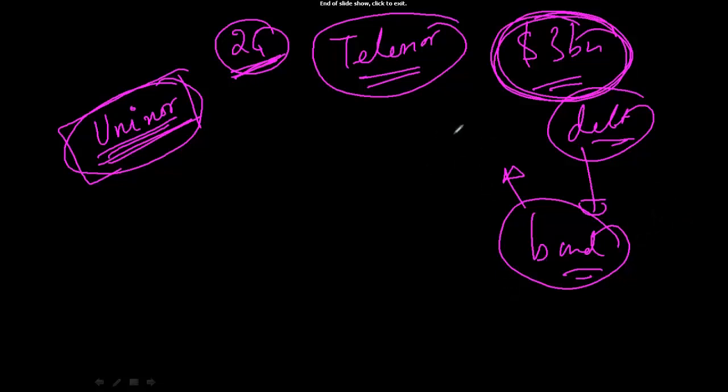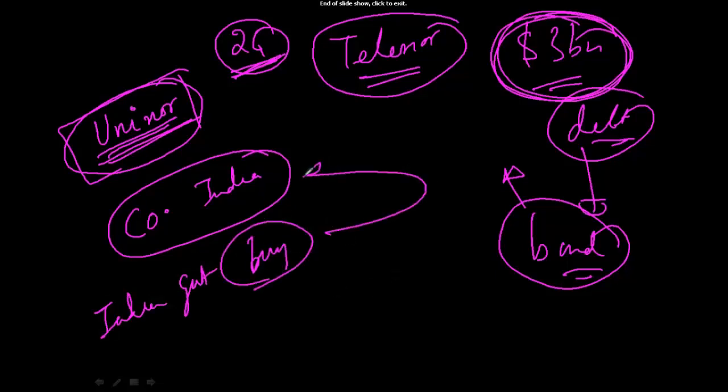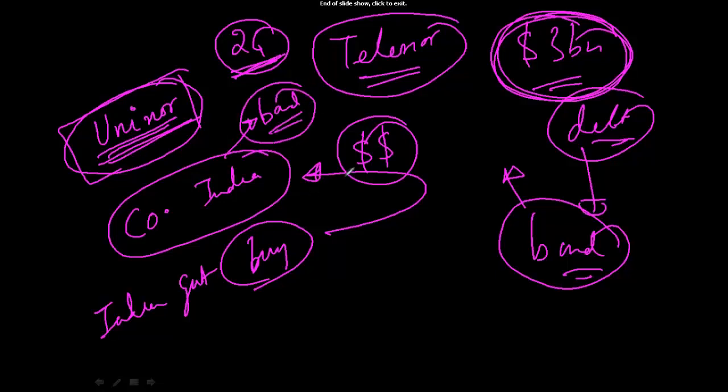Second is, let's say you have a company which is operating in India, and the Indian government says that I will buy the company. Indian government will buy the company, and it will pay some dollar to the company. Now, since this company has issued some bond, it will be forced to give the money to the bondholders before maturity.